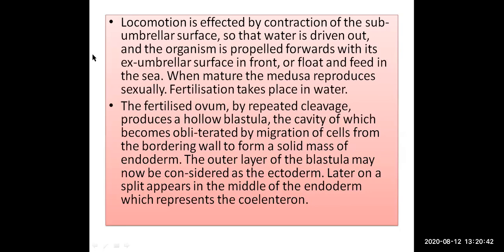Locomotion: the subumbrella surface of the organism propels it forward with the exumbrella surface in front. The medusa floats and feeds. When mature, the medusa reproduces, and sexual fertilization takes place in water. The fertilized ovum undergoes cleavage and produces a hollow blastula, and the cavity becomes filled by the migration of cells from the bordering wall to form a solid mass of endoderm.